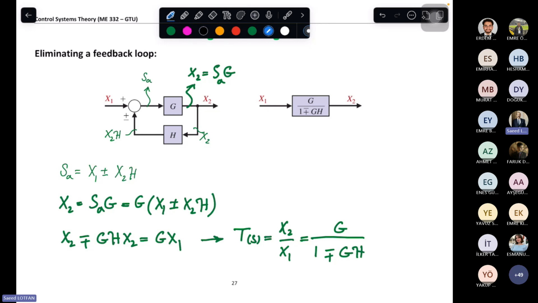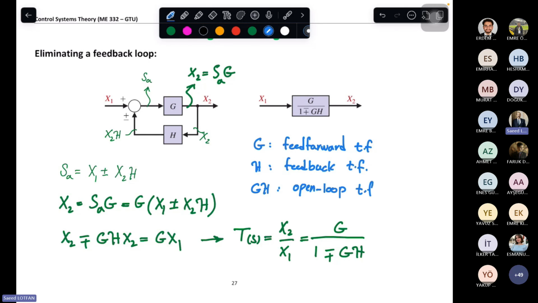In a feedback loop, I also have to define some important things. G here is called the feed forward transfer function. H is the feedback transfer function. The GH multiplication is called the open loop transfer function.